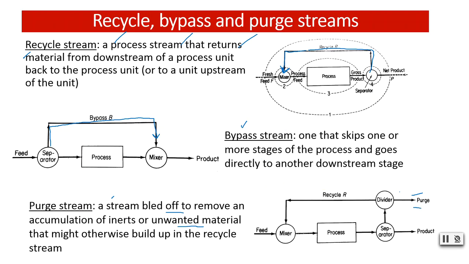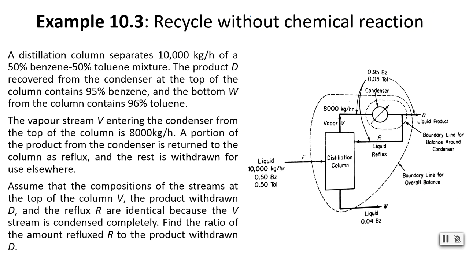So this is a purge that might also normally happen in any particular process. So what will happen to the material balance if situations such as the recycle, bypass, or purge stream happen? That's why we can try example 10.3, and this one is a process that involves recycle without any chemical reactions.